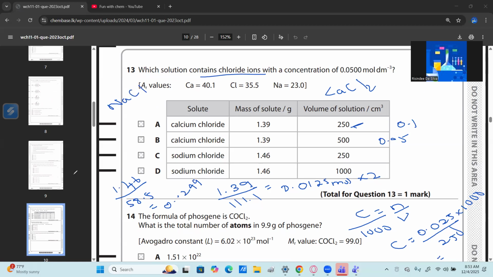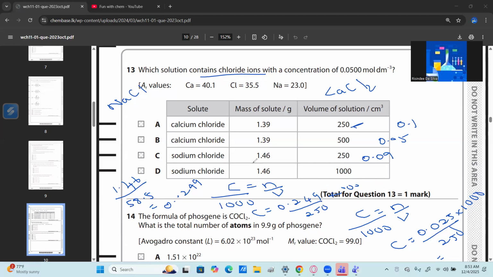So we can easily find the concentration by using C equals n over V. C is equal to 0.0249 divided by 250 into 1000. It is 0.09.